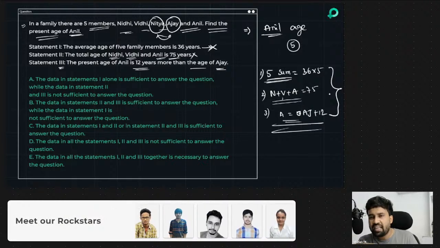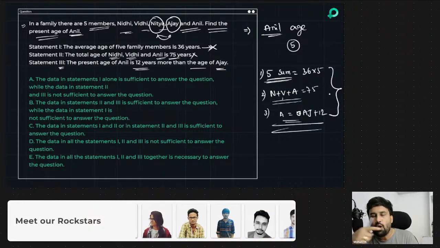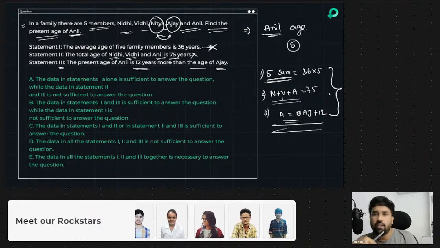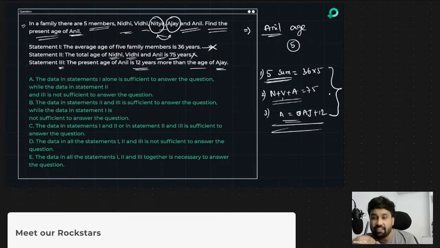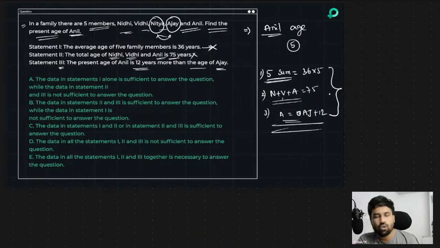Can you find Anil's age? Remember this: when you have 5 variables, you need at least 4 or 5 equations. So you can't find Anil's age, because we have 5 people but only 3 equations.